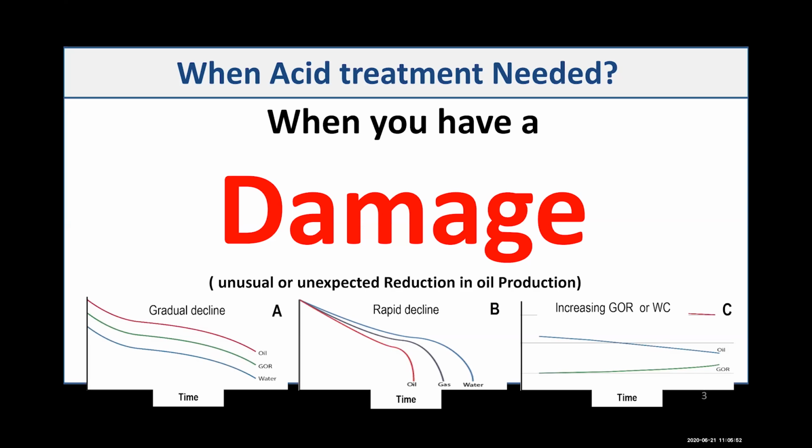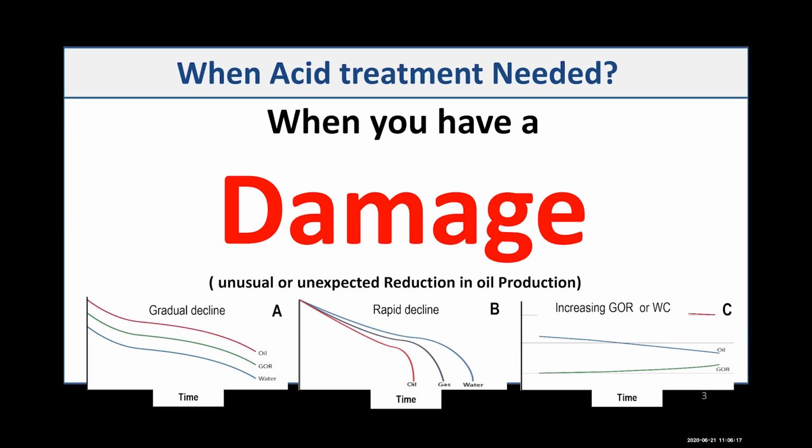If you are seeing a reduction, or if it's an injector well, you are injecting less than what your model or reservoir simulation says, in this case most likely you have damage. And the damage can be really gradual, not significant, not really high. That happens in cases like when you have a calcium carbonate scale.